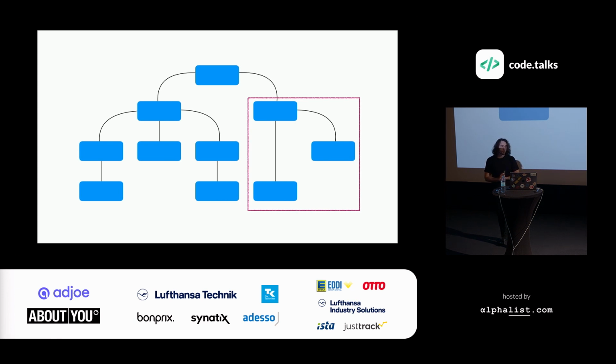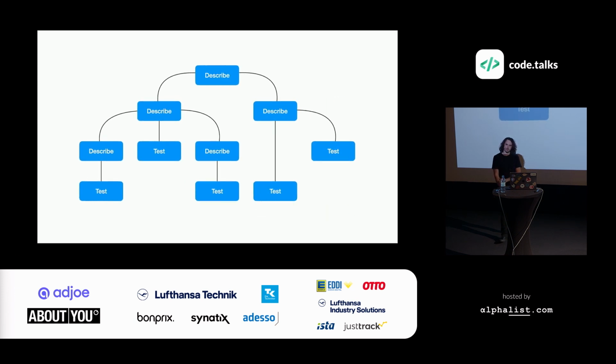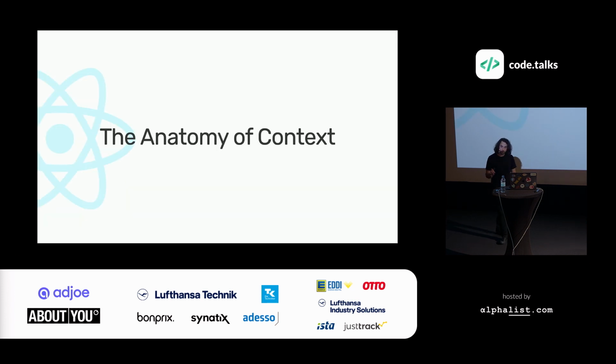And when we write our unit testing framework, and we're going to do this in a second, it could also be described as a tree, right? Because we have our describes and our tests. Why not use context? If we did use context in our unit testing library, how would that work?